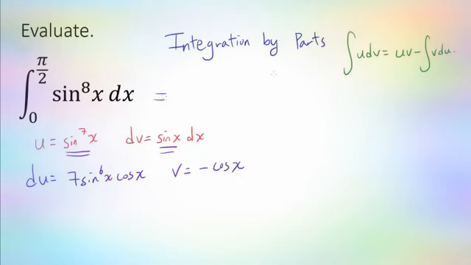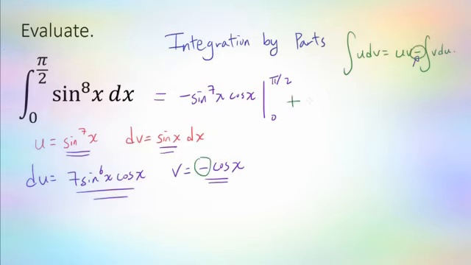So we get that our integral is uv, or negative sine of x to the 7th power times cosine of x, evaluated from 0 to pi over 2, minus the integral of v du, and since we have minus, let's change that to plus the integral of v du.